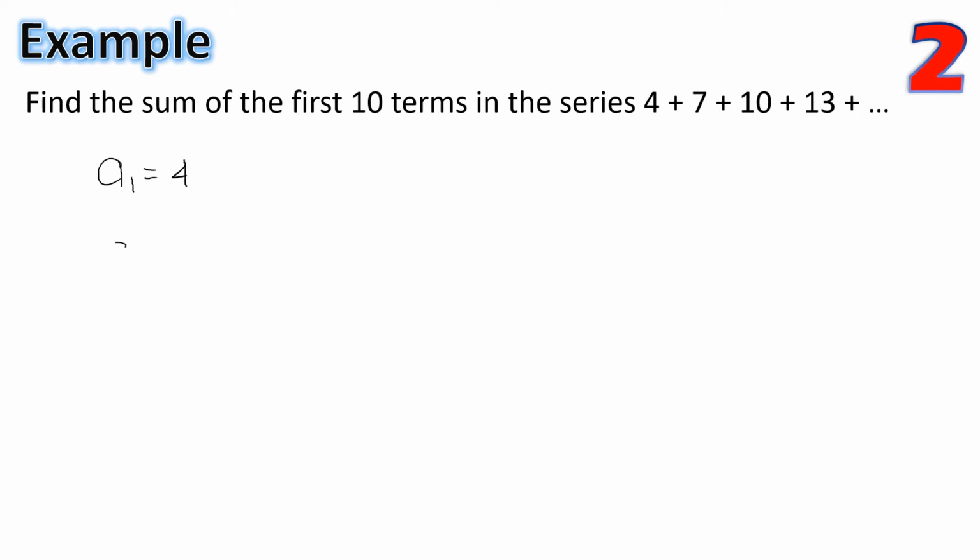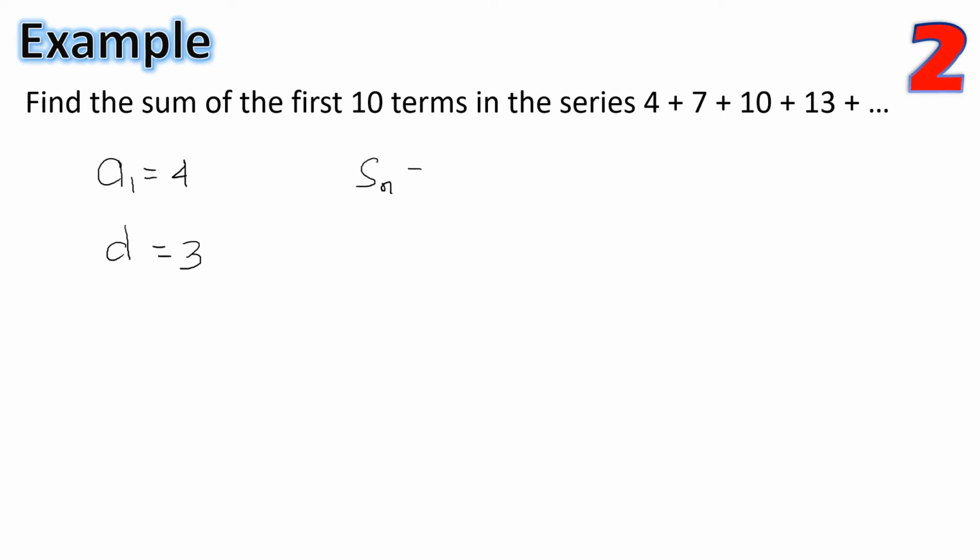Also, we can get the value of d, that is the common difference, by subtracting 7 minus 4, 10 minus 7, 13 minus 10. These are all equal to 3. So we're given the first term and the common difference. We can use the second formula, and let us recall.